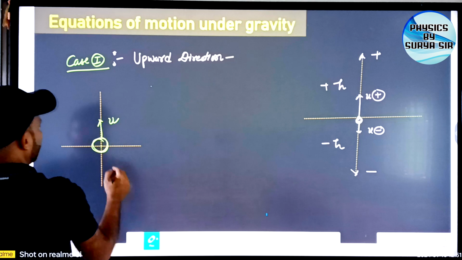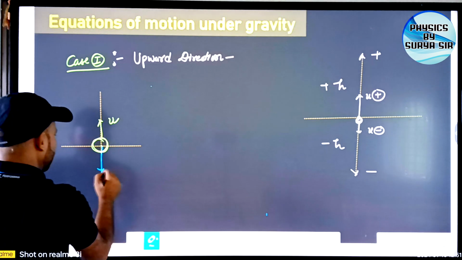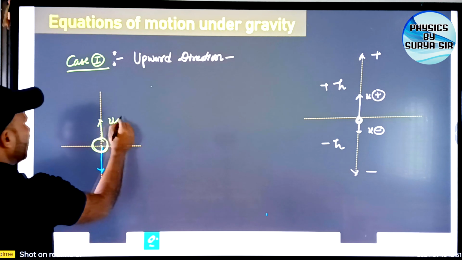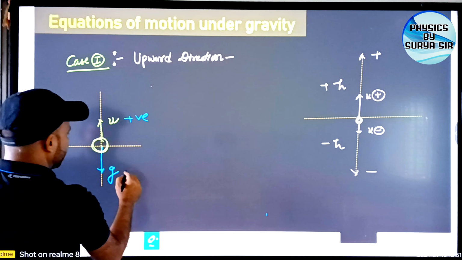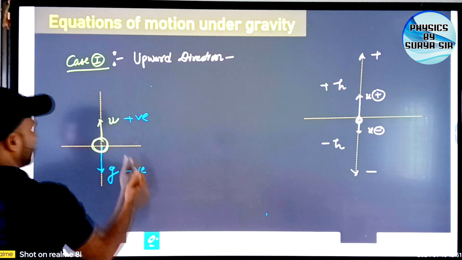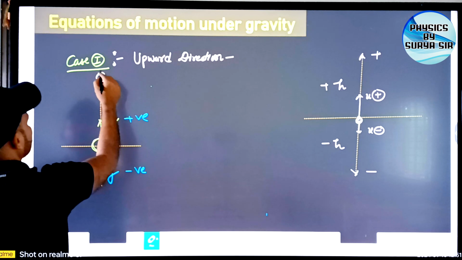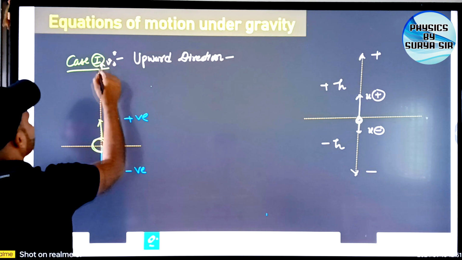When it is moving upward, then acceleration due to gravity will be in the downward direction, so u will be positive, and g will be negative. Clear? And displacement, suppose after some time, after time t, it is here, and here its velocity is v.